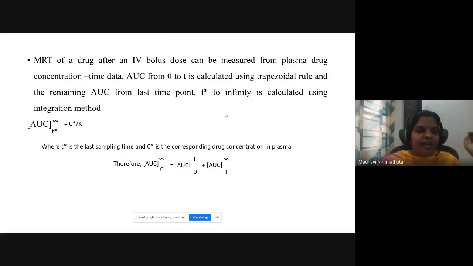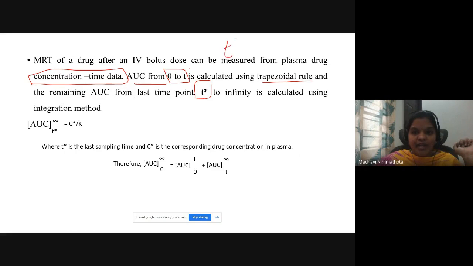And then the MRT of a drug after an IV bolus dose can be measured from plasma drug concentration versus time data. AUC from 0 to t star is calculated using the trapezoidal rule, and the remaining AUC from the last point, that is t star to infinity, you can write like this.